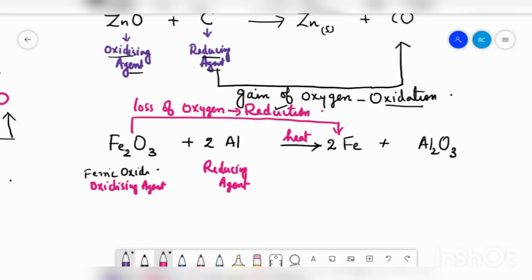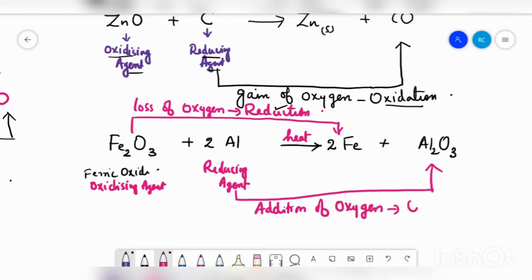Now aluminum gains oxygen, so addition of oxygen, so that is oxidation. So addition of oxygen is oxidation and the loss of oxygen is reduction. So ferric oxide undergoes reduction and aluminum undergoes oxidation.